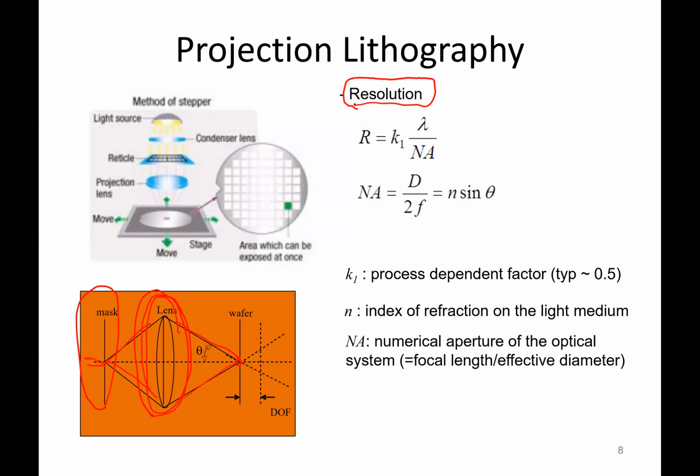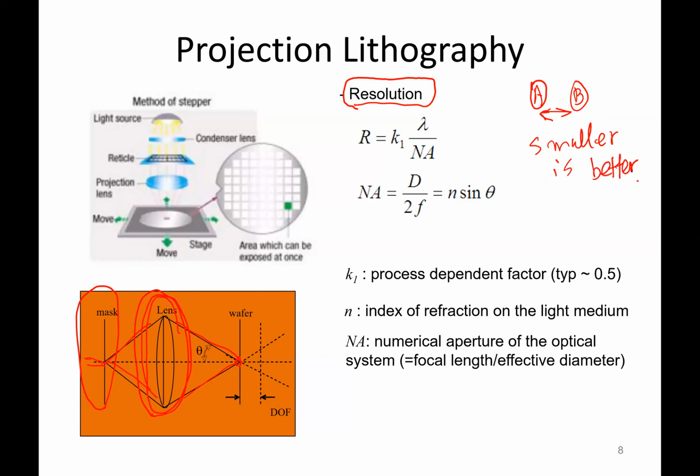If the resolution is small, that means features in between can be resolved. So pattern A and pattern B can be resolved by the lithography tool. So smaller is better, right? In this case, the smaller resolution is better.